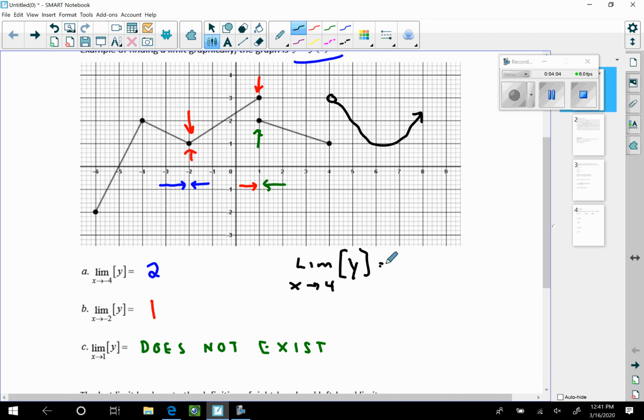We can see that this limit does not exist either, since the limit from the left does not equal the limit from the right. As x goes to 4 from the left, the y values go to 1. As x goes to 4 from the right, the y values go to 3.